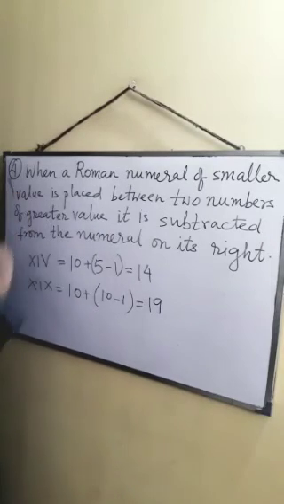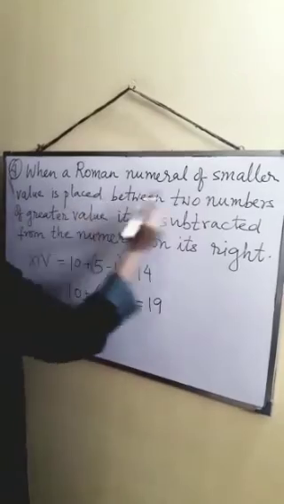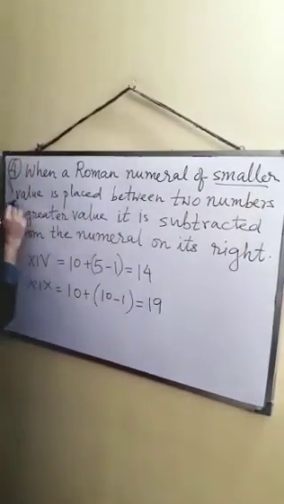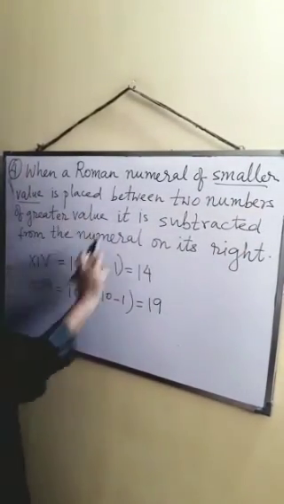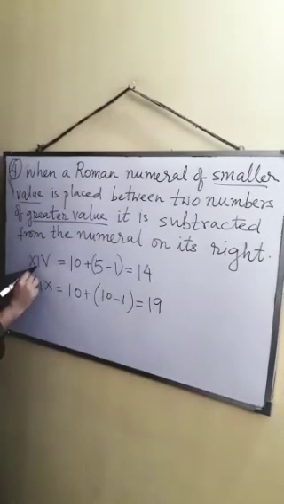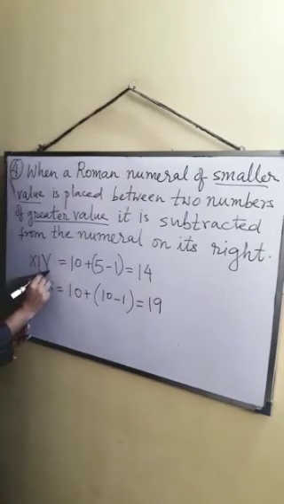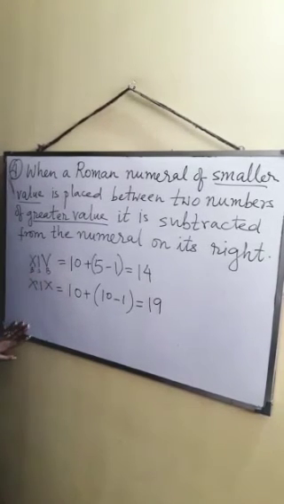Now rule number 4. When a Roman numeral of smaller value is placed between two numbers of greater value, that means this one is smaller and on both sides you have bigger numbers.